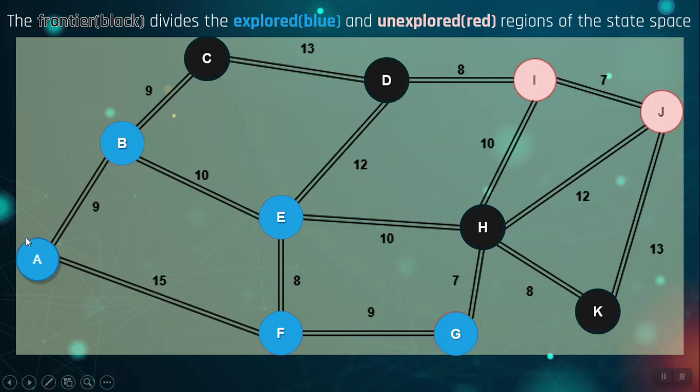So the blue ones are the nodes, or let's say states that are already visited by our agent. Okay, the black ones are the next state to be visited by our agent, and then the red ones or peach colored states or regions are the ones that are unexplored yet. Okay, so they are divided into three.